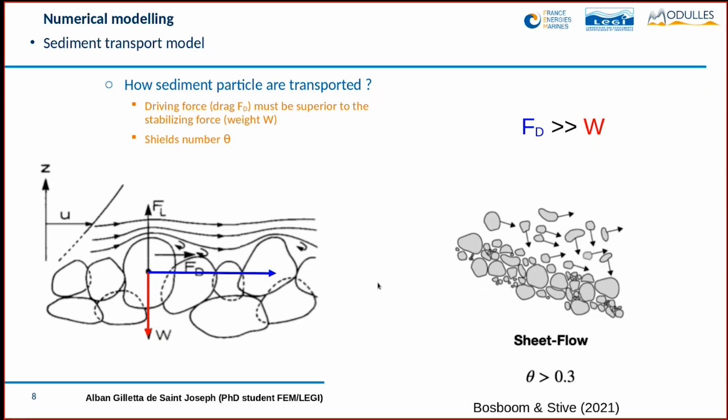If you increase the drag force, obviously more sediment will be transported, and usually when the Shields number is superior to 0.3, the drag force is much more important than the weight. You see that in the picture on the right, where there is a thick layer of sediment particles that are transported along the bed slope.